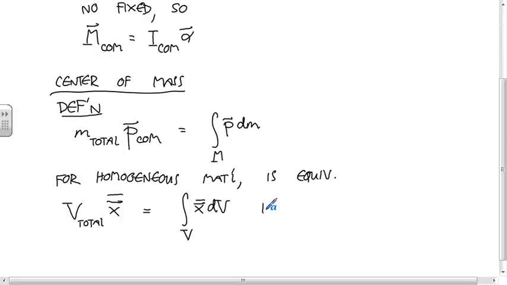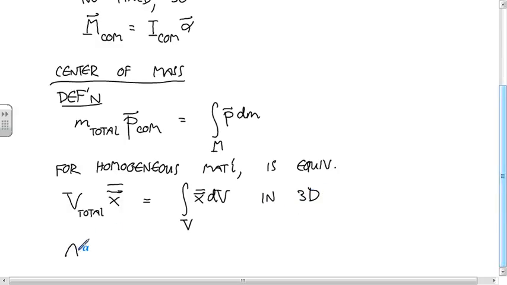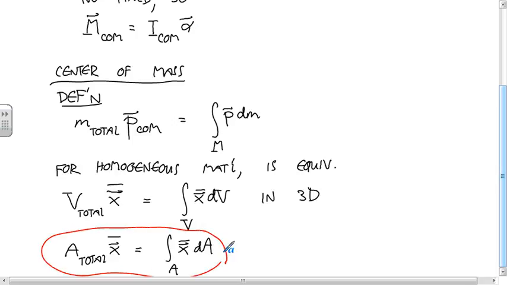This would be in 3D. And if you're doing a 2D problem, the centroid calculation is the total area times the centroid is equal to the integral over the area of x dA. Okay, so in statics, this was the calculation that we used most of the time because most of our problems were 2 dimensions.